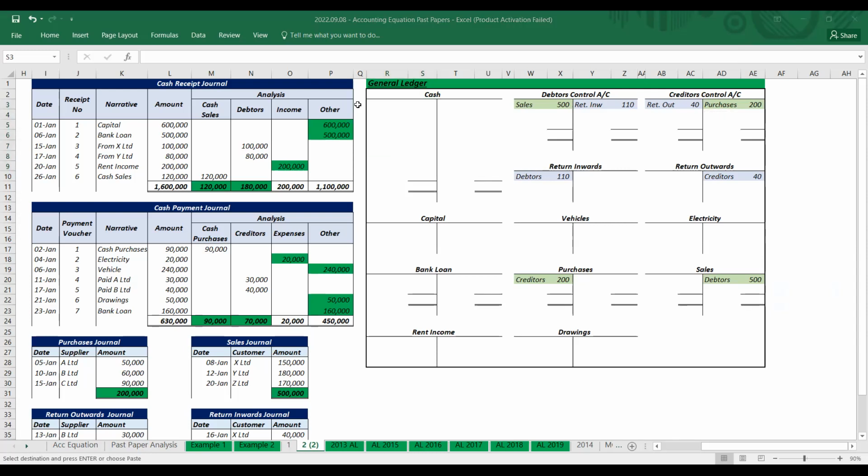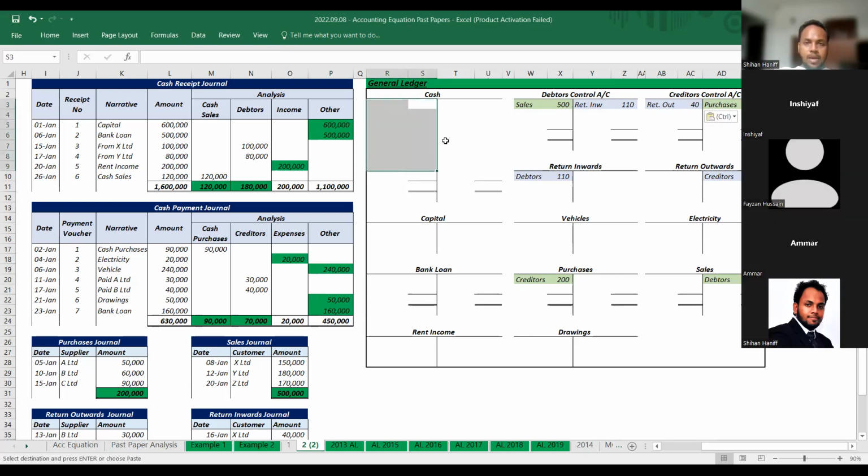Asset increase, debit. So we have to debit the cash account and credit the relevant opposite account. So we debit capital, bank loan, rent income, debtors, sales.